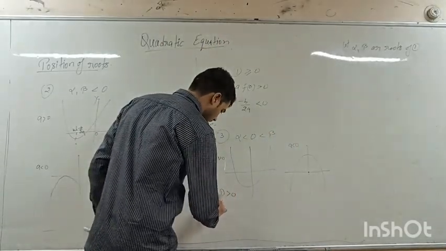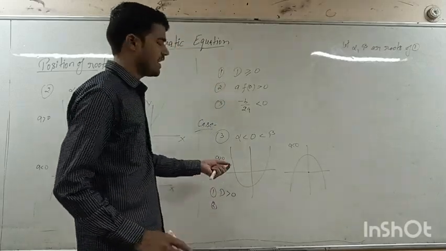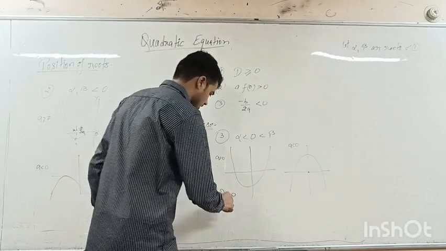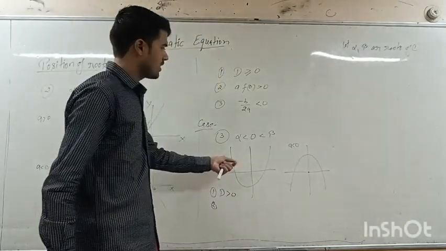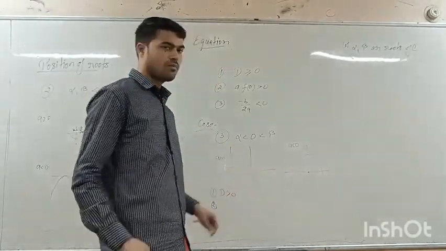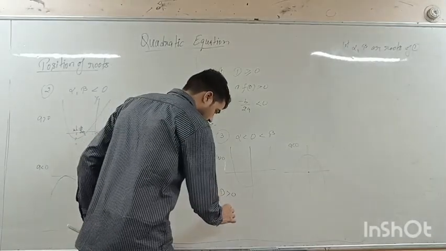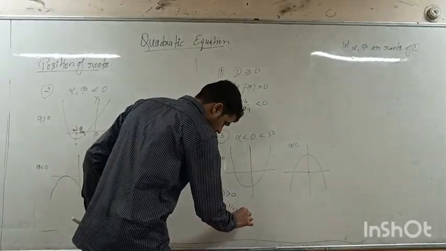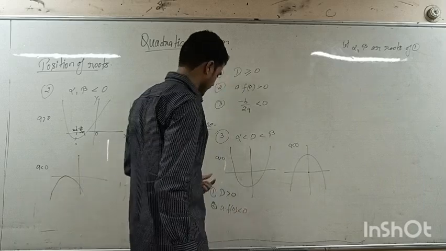So we can say directly like a greater than 0, not that we can, because a can be greater than 0 or less than 0, both cases are possible. But one thing is clear, that a times f(0) is less than 0.